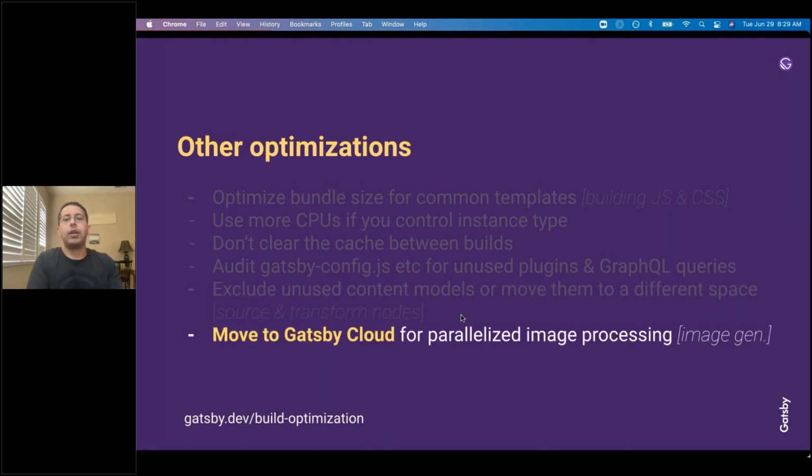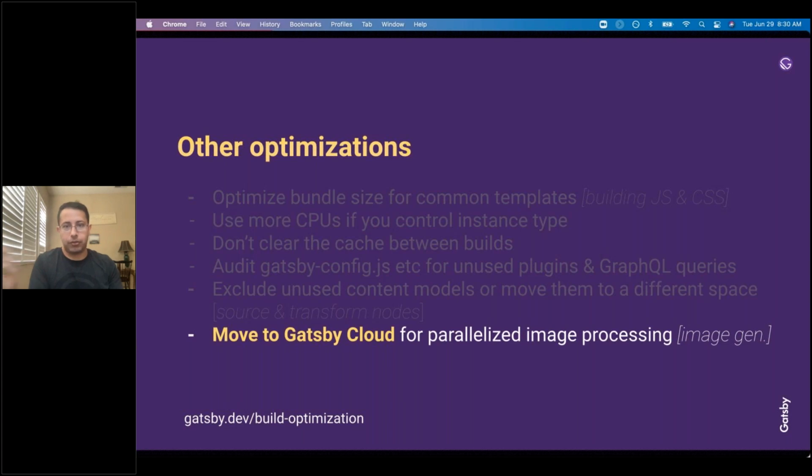Okay, so parallelized image processing. If you find that image processing is a large proportion of your builds, I'm not going to go back to the build time by stage breakdown, but you'll notice that on Gatsby Cloud, the source and the image transformation is not a very large proportion of overall build time.